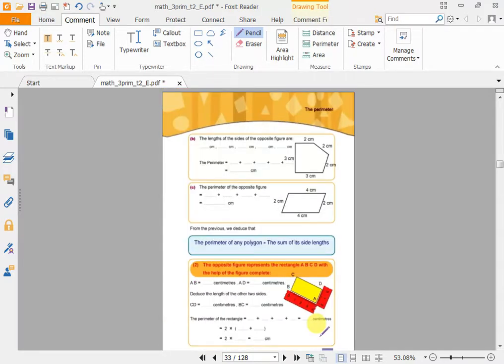The perimeter of any polygon with known side lengths is the sum of its side lengths. Generally, the perimeter of any polygon is the sum of its side lengths. If we have this example, the perimeter of this polygon, we will write the side lengths of this polygon first.